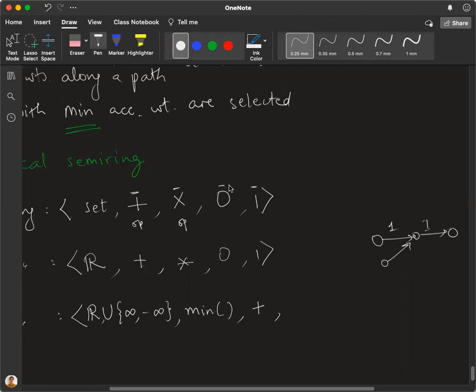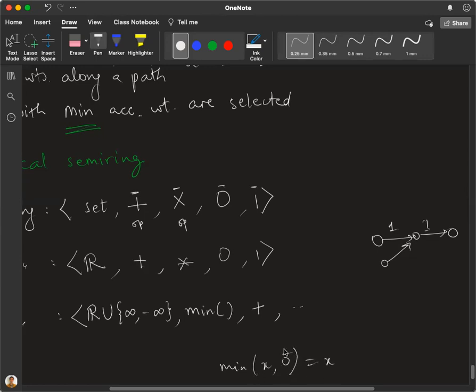So what is the corresponding zero symbol? It should be such that the min of an element x from the set, comma, this number, should be equal to x, right?